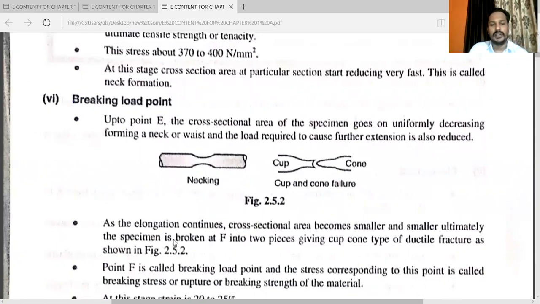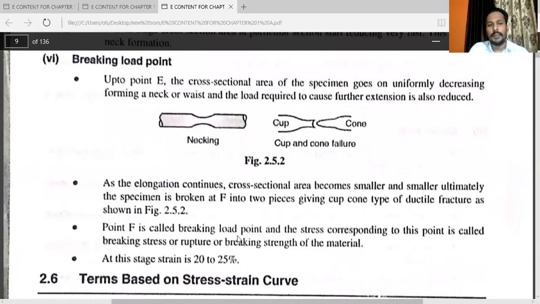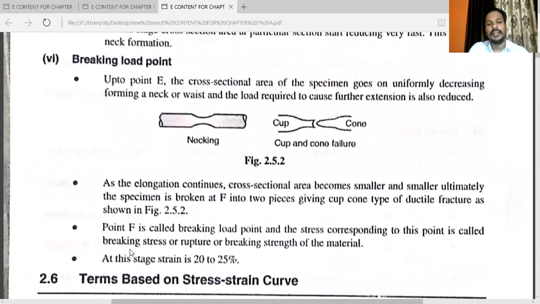Ultimately, the specimen is broken at F into two pieces, giving a cup and cone type ductile fracture as shown in the figure. Point F is called the breaking load point and the stress corresponding to this point is called the breaking stress, or the rupture or breaking strength of the material. At this stage, strain is 20 to 25%.